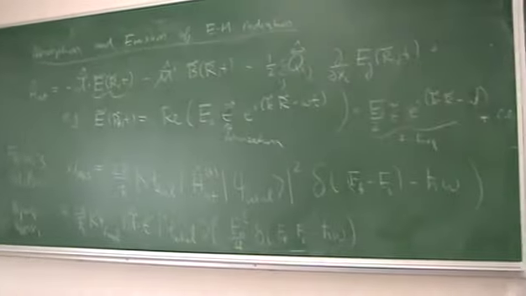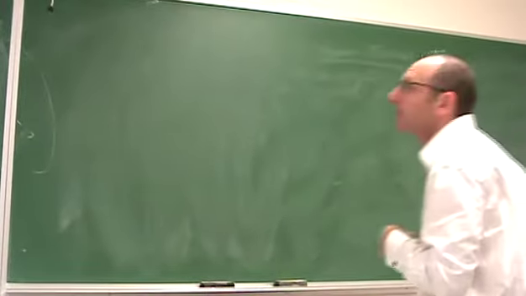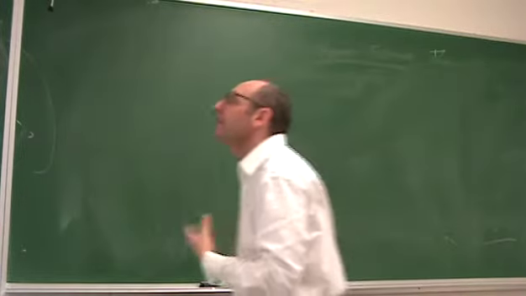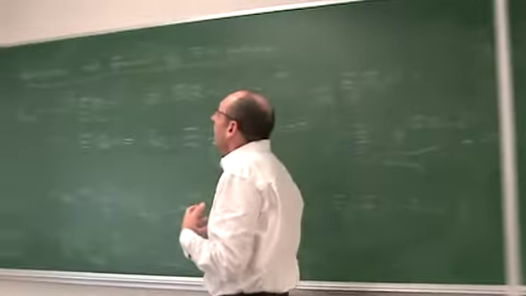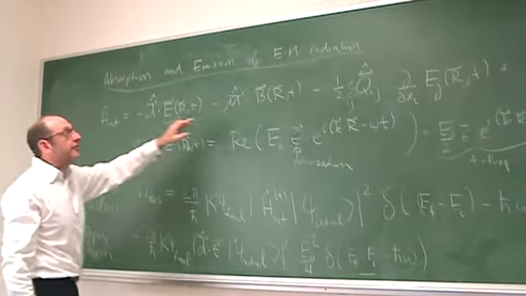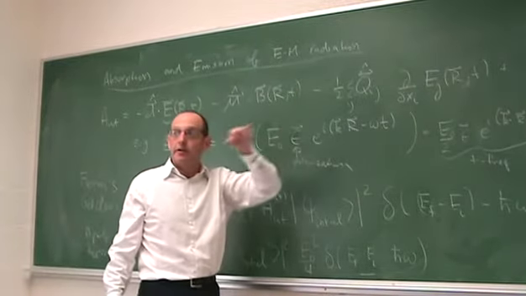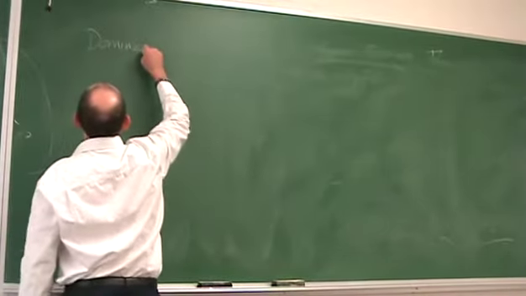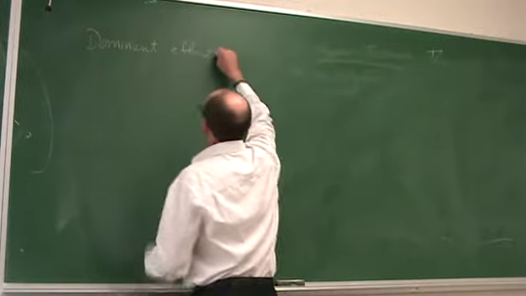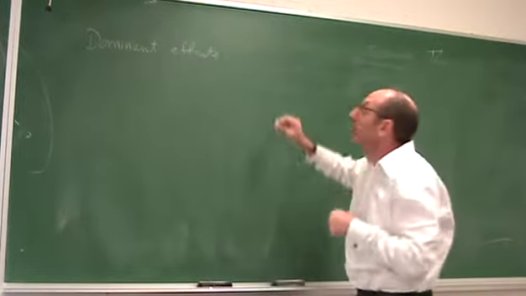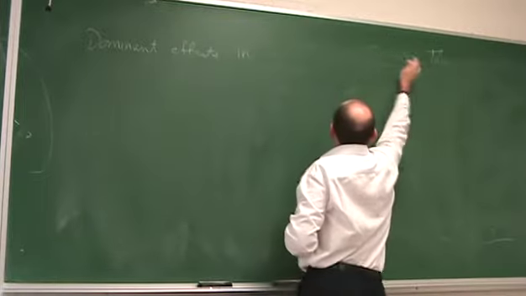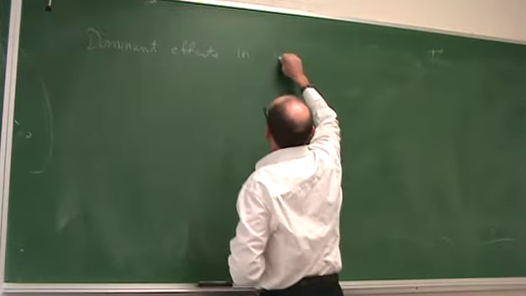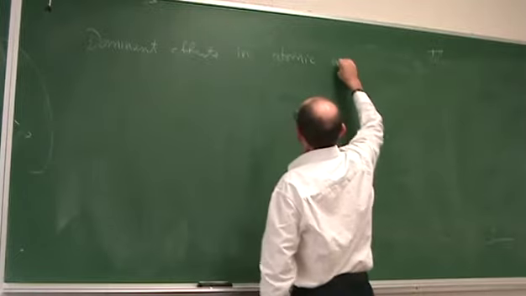The electric dipole moment, the magnetic dipole moment, quadrupole moment, etc. So, the first thing to remember is how big are these different terms relative to one another? So let's talk about the dominant effects in atomic absorption.